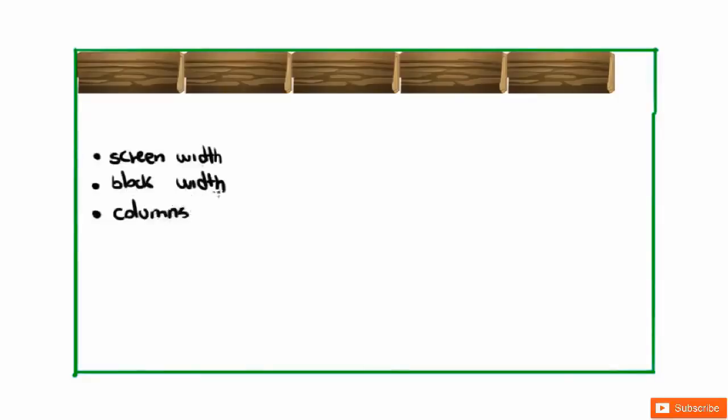Actually, columns is a function of the screen width and the block width, because how do we get the number of columns? I'm going to call it col, just by dividing the screen width, I'm going to call it SW for short, by the block width, I'm going to call BW for short. So the columns is basically the screen width divided by the block width.